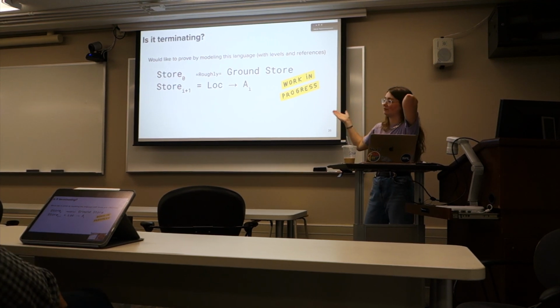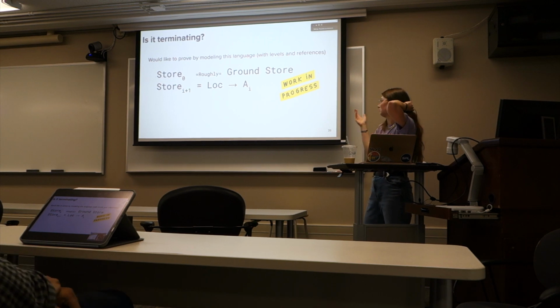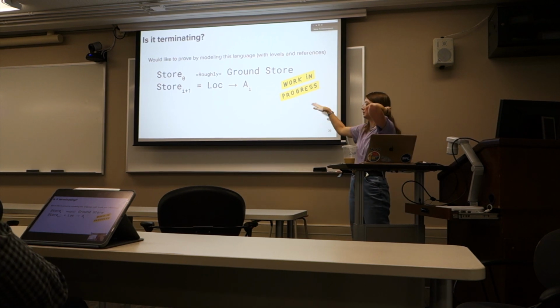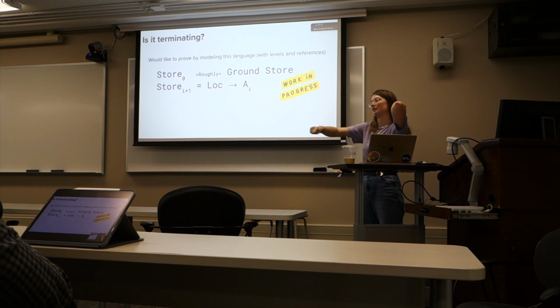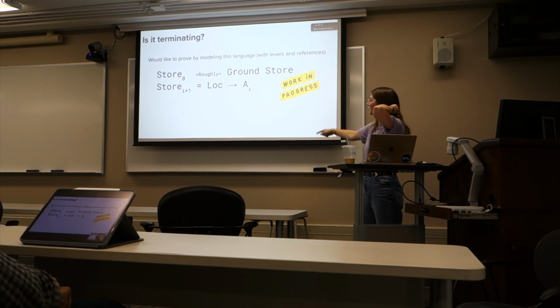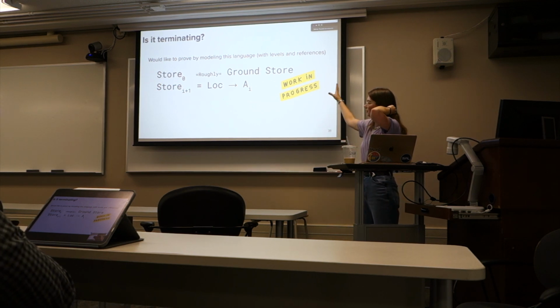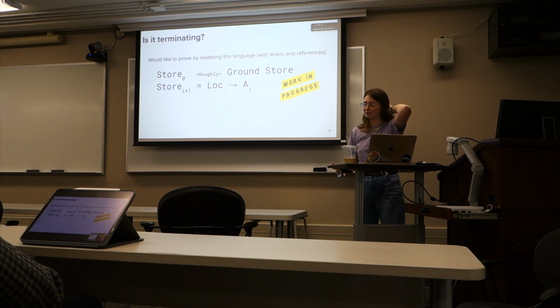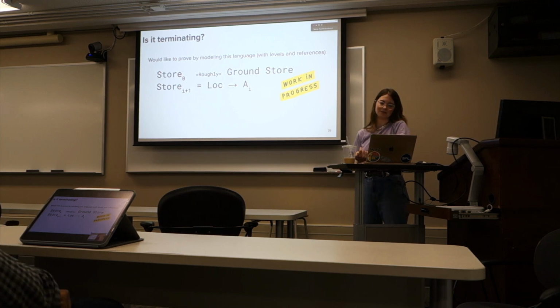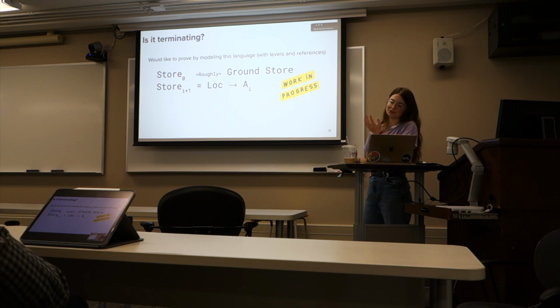But we still have to worry about the environments as a problem. And then we just proceed, like Sam said, you run out of heap, you're just following the lines along the way. This is all work in progress at the current moment, but we have a lot of intuition as to why it might be terminating, which is why we pursued this in the first place.